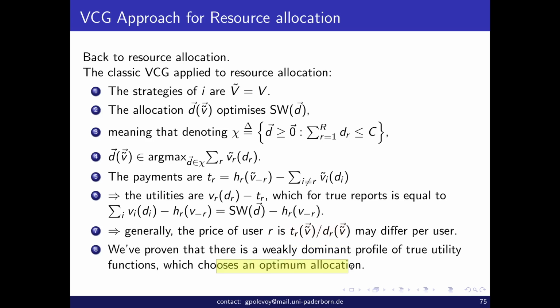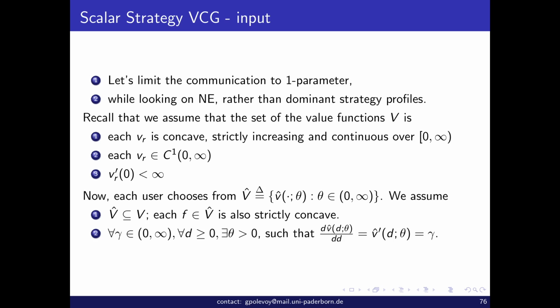But the requirements of what you need to keep in the mechanism and what the mechanism eventually gives to you, which is an optimum allocation, and the charges of prices which can be seen as different prices per user, that's too much. Now, especially the problem is, of course, given the mechanism, these value functions, all the value functions, so even if you have just a finite domain, the value function, how much information you need to do.